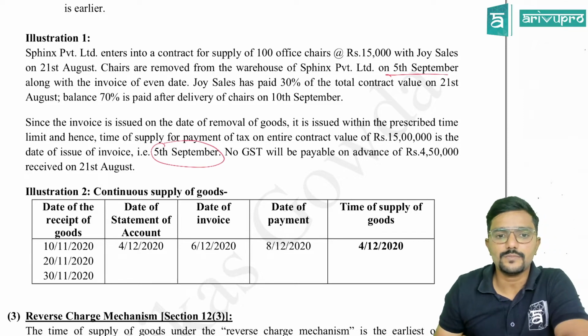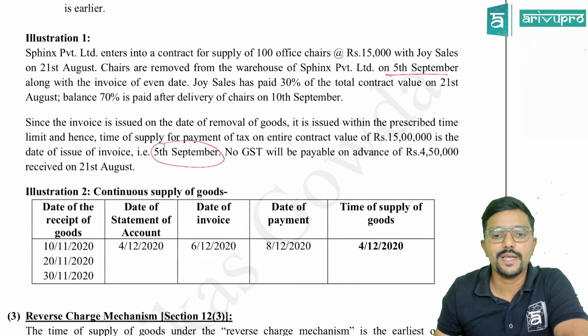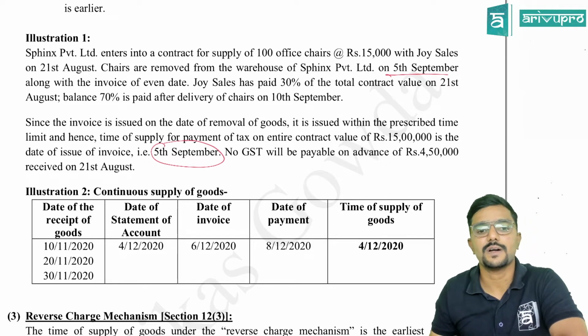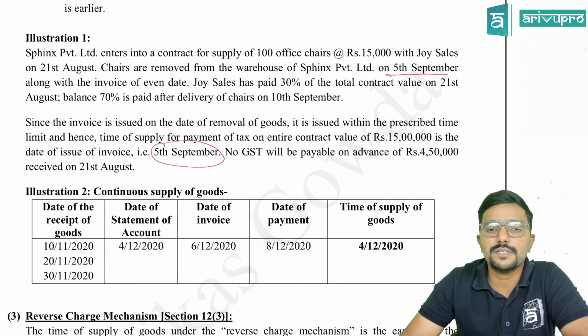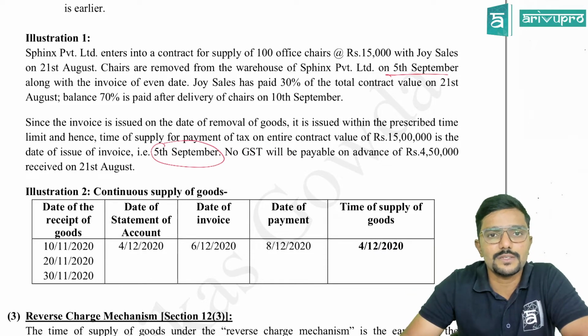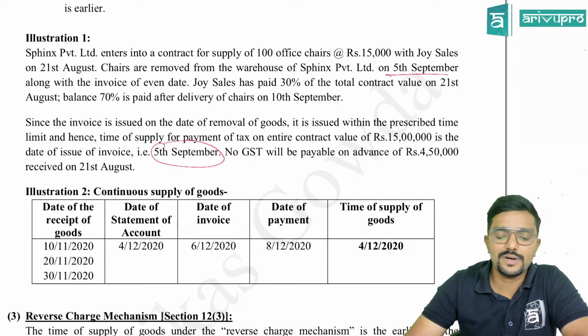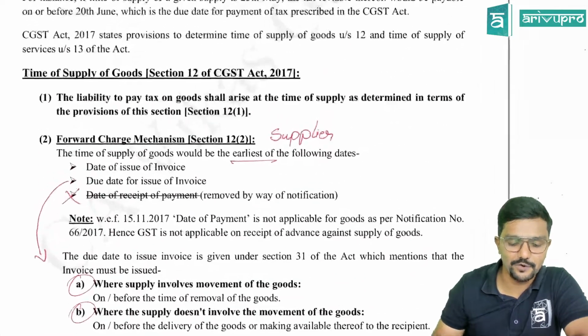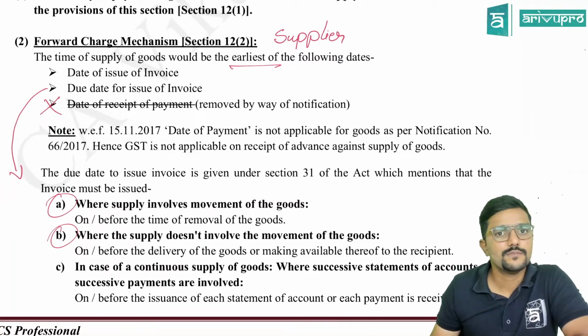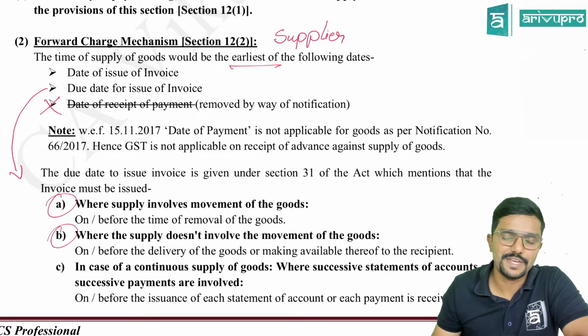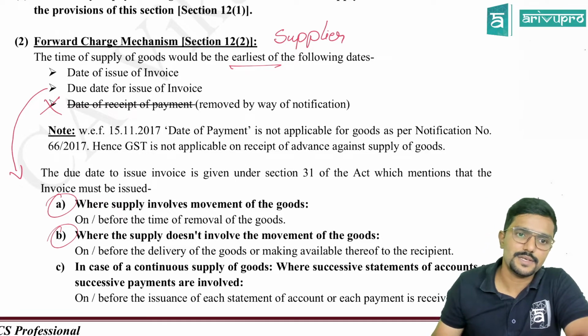No GST will be payable on the advance of 4,50,000 received on 21st August. Should the supplier pay tax on it? No. That is the clarification given here. By way of note, I told you that the date of payment has been removed from Section 12(2) by way of notification. Clear? Yes.